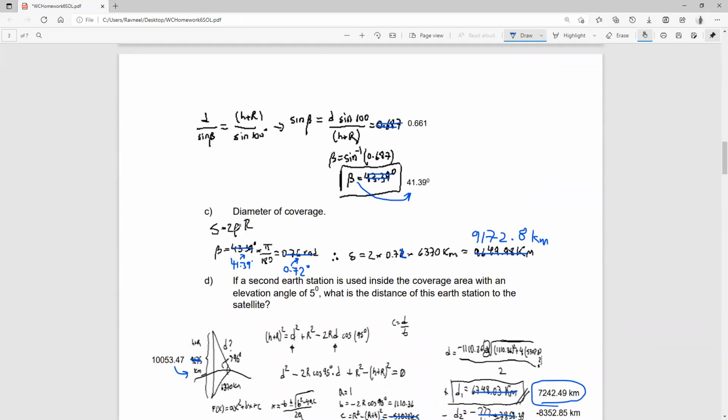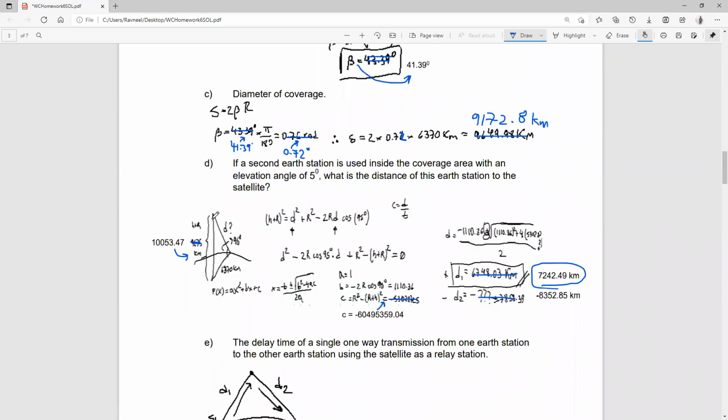So S equals 2 times beta times R. Beta is 41.39 degrees, which converted into radians is 0.72 rad, and the radius of the Earth is 6,370. Substituting the values, we get S equal to 9,172.8 kilometers.